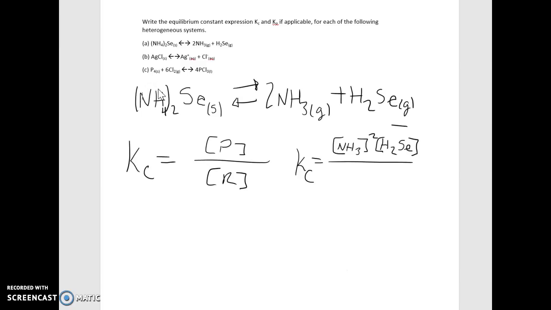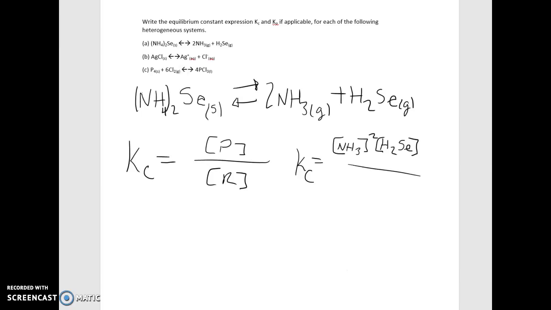Our reactants would be on the bottom. However, the ammonium selenide is a solid, so we don't have to include it. So for A, our equilibrium constant expression would be this right here.